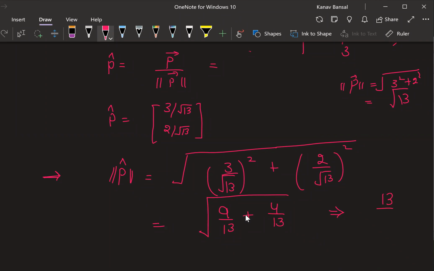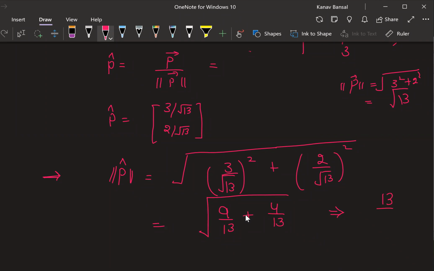How many are able to understand this? Because see, we already know B. Can't we compute B cap? We can easily compute B cap, and the best thing about B cap is its length is going to be equal to 1. Very simple stuff, right? You should be able to observe this thing.